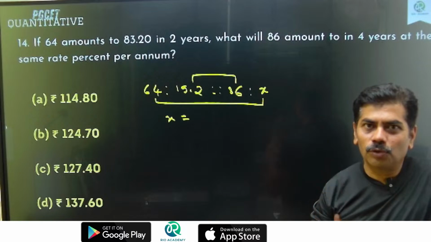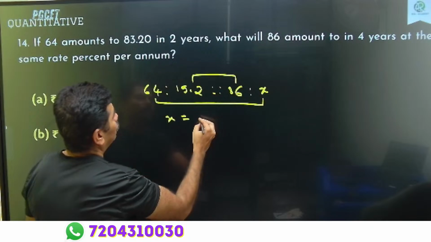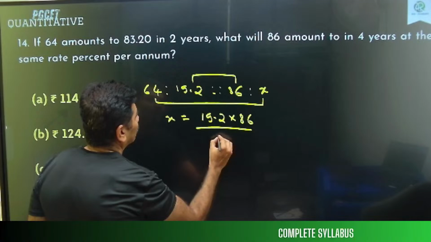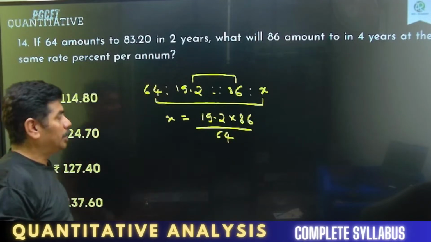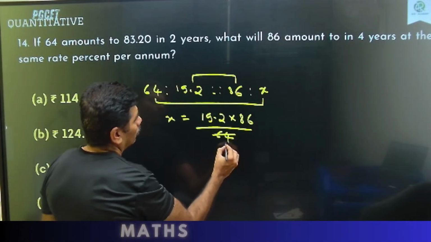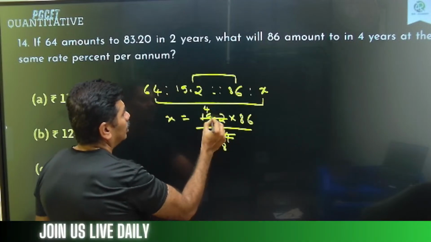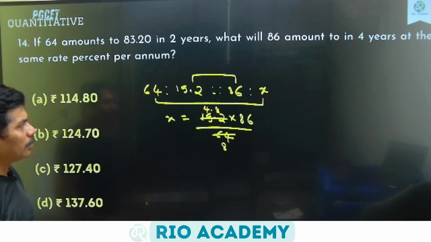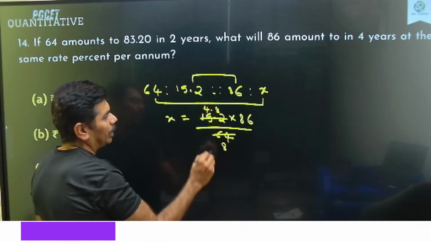So x equals, multiply these two, that is 19.2 into 86 divided by 64. Now let's check. This will go in 4. 4 8s are 32, 4 4s are 16, 32 remains.